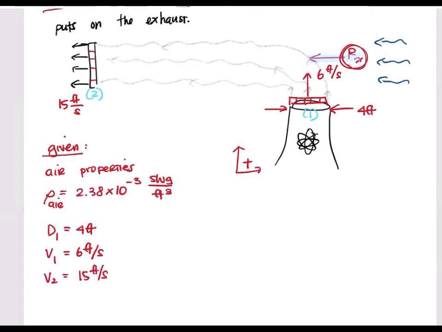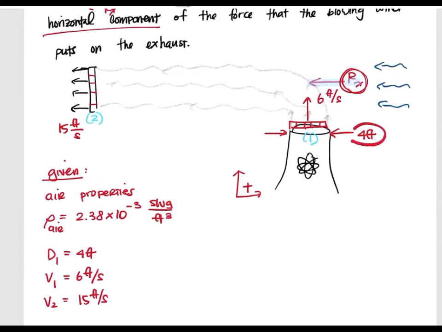Okay, so let's see here. We have a couple of other things to think about. We're given this diameter here, but we're not really sure what this diameter is here.